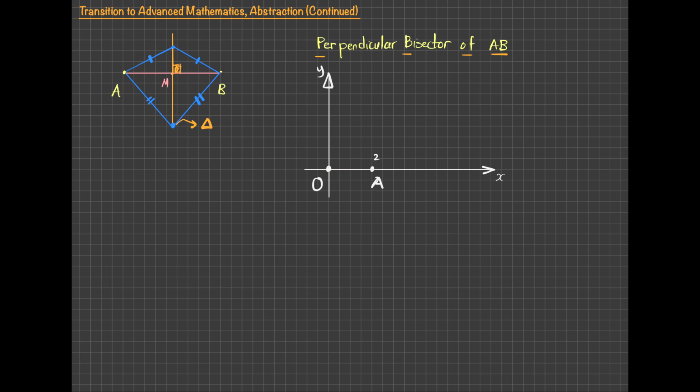So what I do, I find the midpoint and I draw the perpendicular line to that. So this is delta, the perpendicular bisector of this line segment using the Euclidean metric or Euclidean geometry.